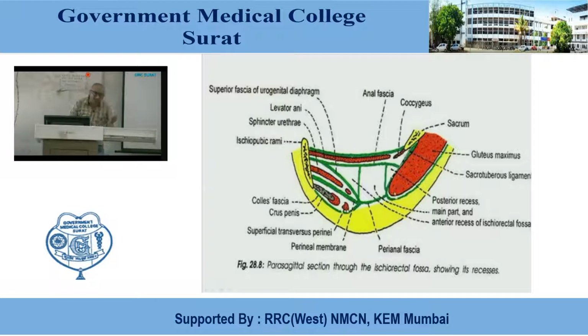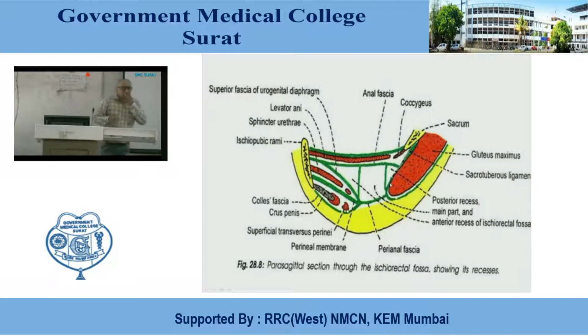It's in fact the largest muscle of the body, that is the gluteus maximus. So lower part of the gluteus maximus forms the posterior boundary of this fossa. Along with this gluteus maximus, one sacrotuberous ligament is there that also contributes to the posterior boundary.